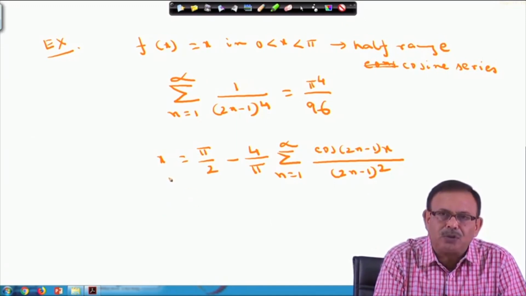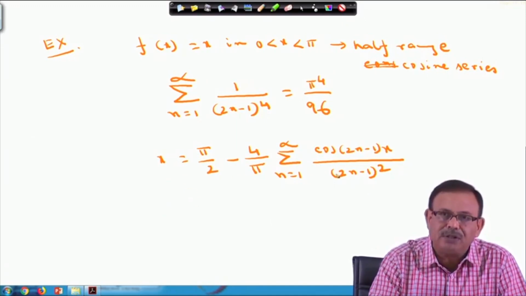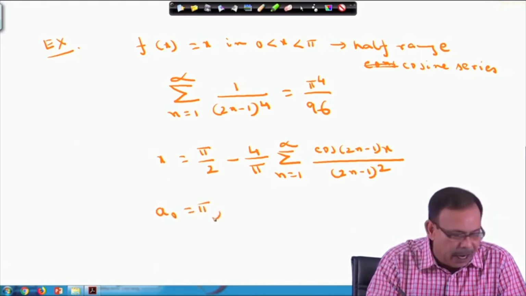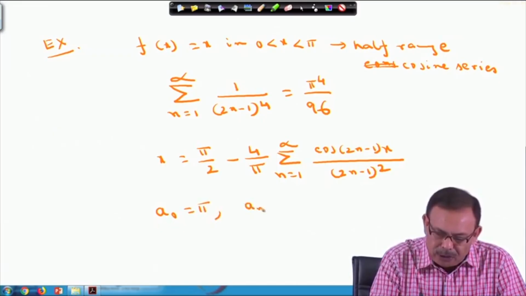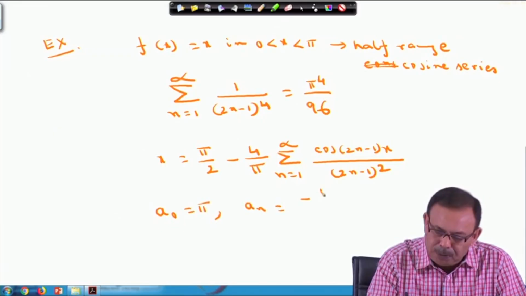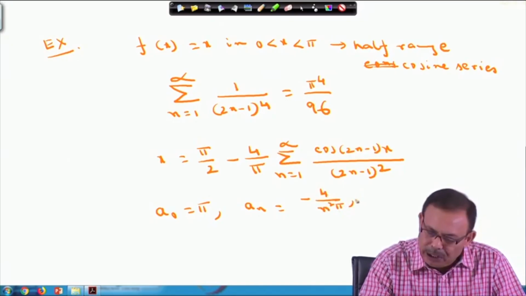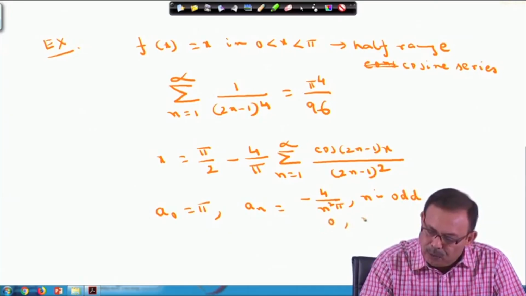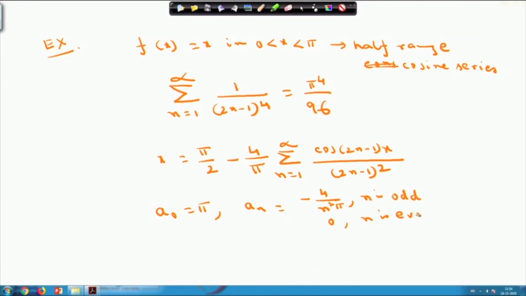So, your half range cosine series of f x equals x is this, where your a naught equals pi and a n equals minus 4 by n square pi when n is odd. Please note that in earlier lectures we have evaluated this: the value of a n is 0 whenever n is even, and your b n value equals 0.